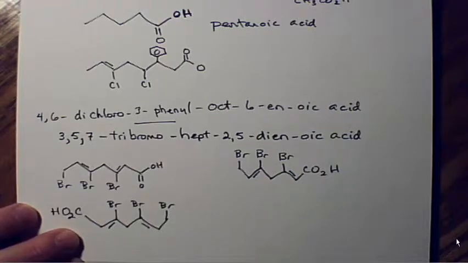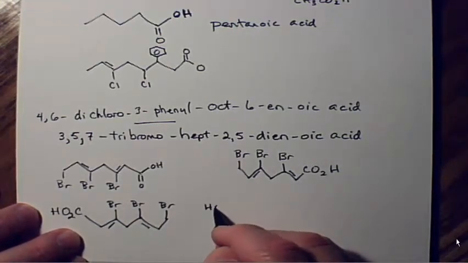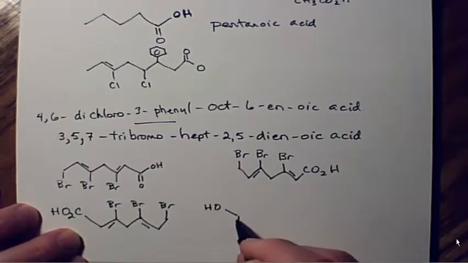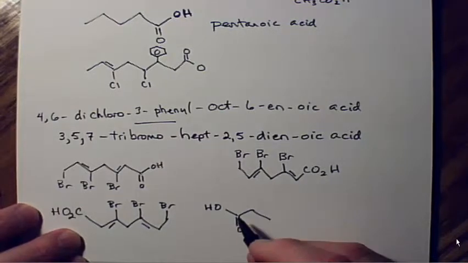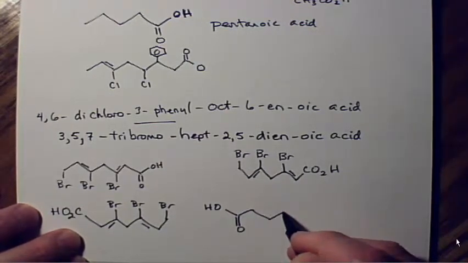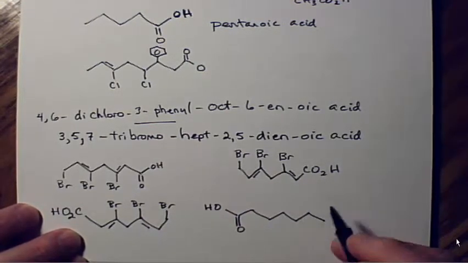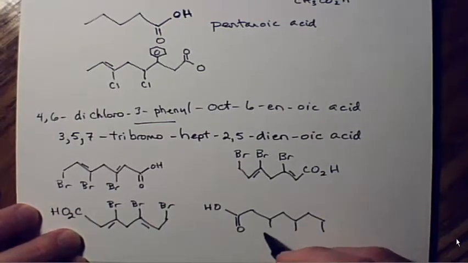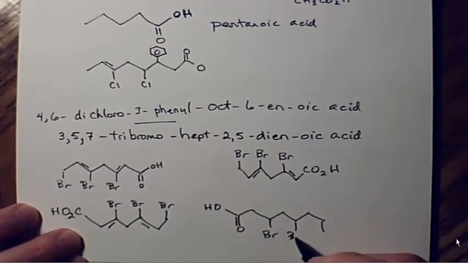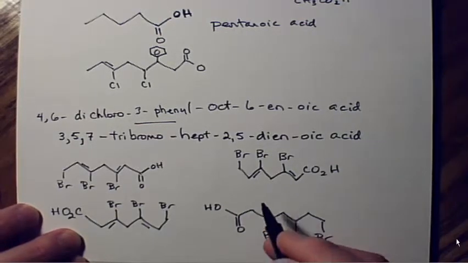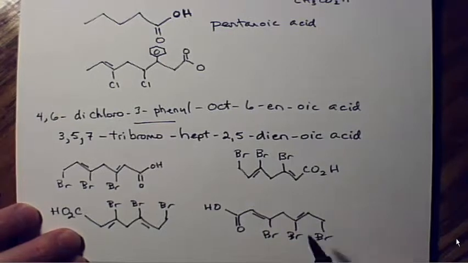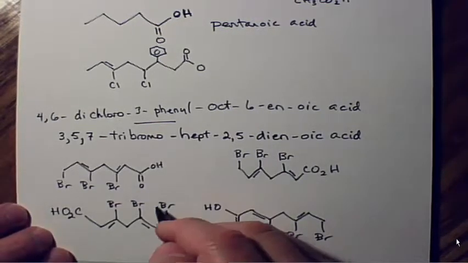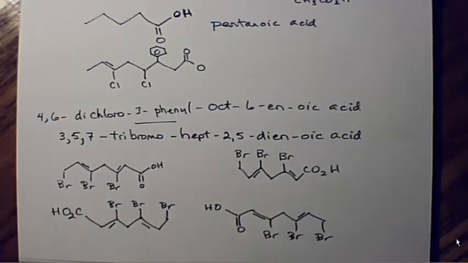Okay. I could do the carboxylic acid, so it looks like that. So 1, 2, 3, 4, 5, 6, 7. Bromines on 3, 5, and 7. Double bonds on 2 and 5. All those are perfectly acceptable representations of this acid.